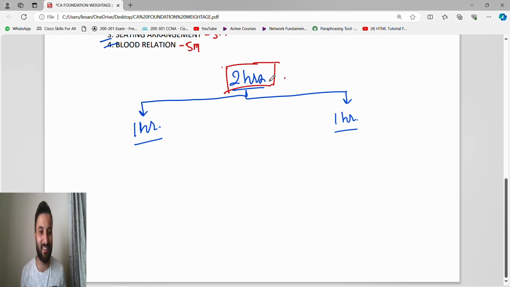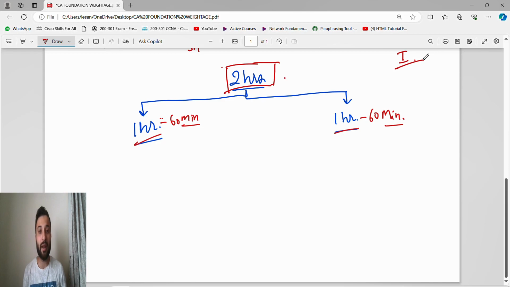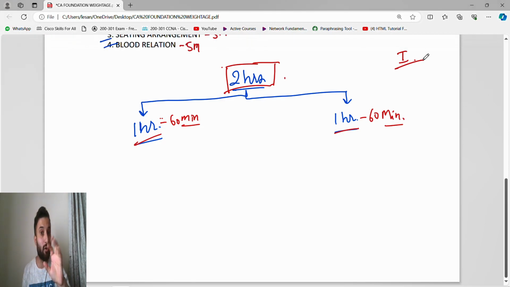So how do you distribute? You will get 2 hours, so you have to distribute it into the first hour and the second hour. 1 hour consists of 60 minutes, as we know. Another 1 hour also consists of 60 minutes. So guys, what you have to do is stick only with the first priority chapters. The first priority chapters are also divided into 2 parts.